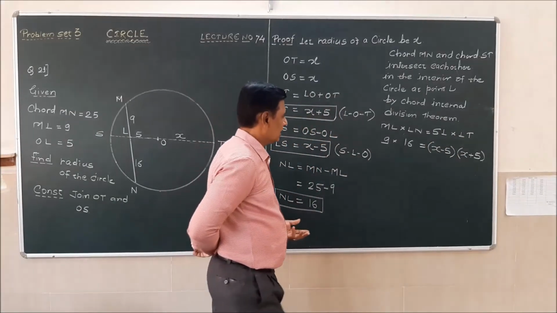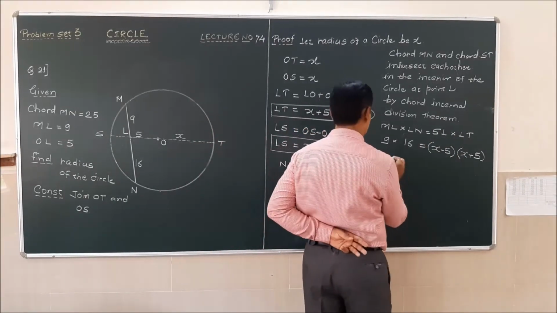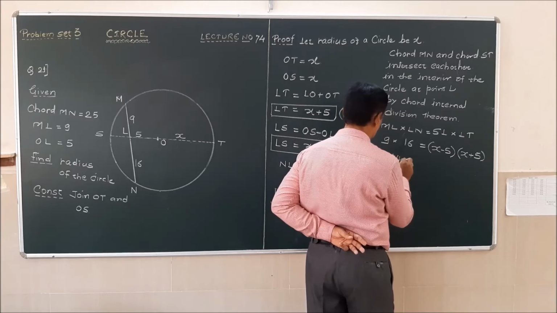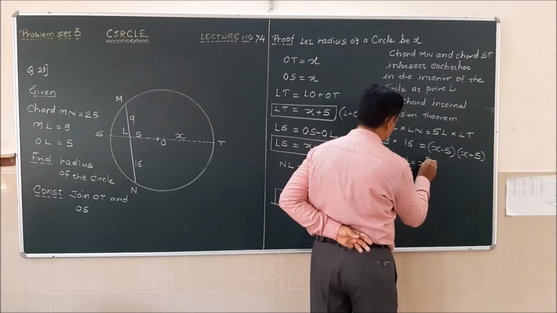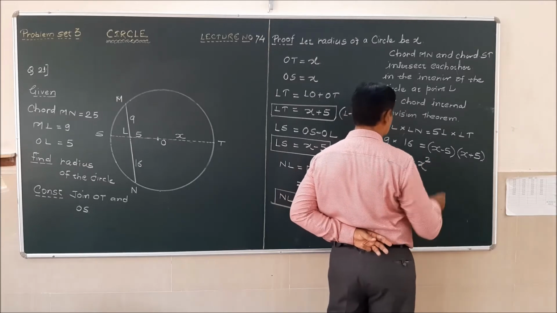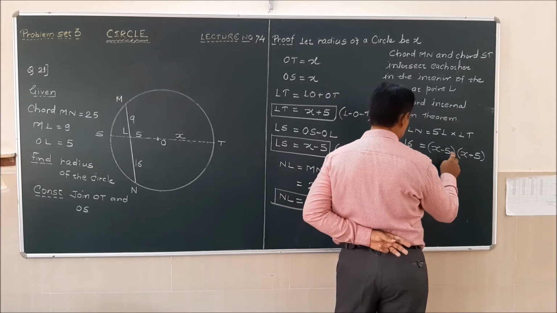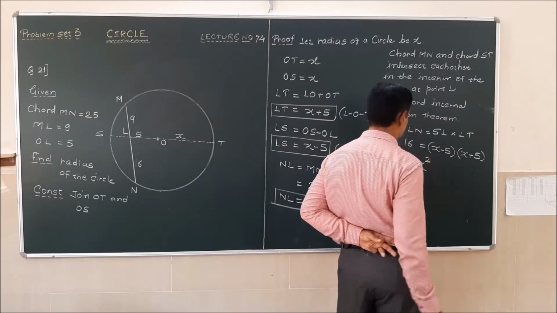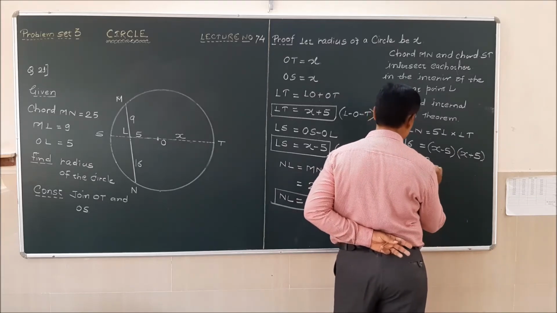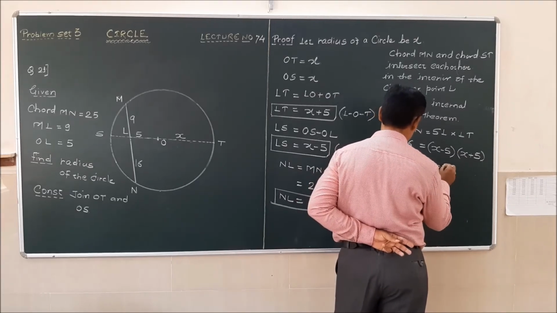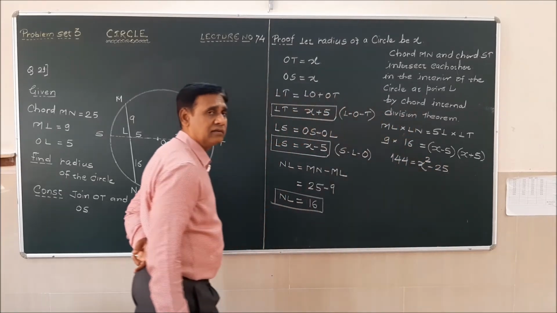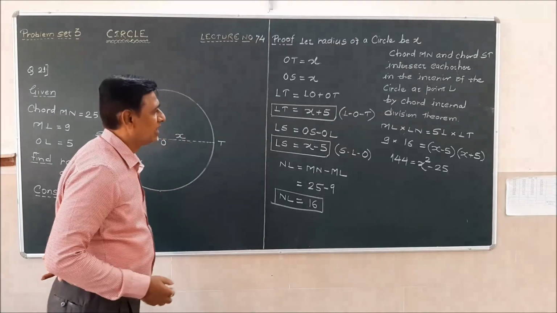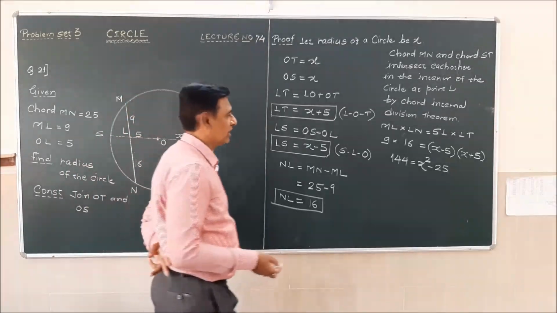Now you find 16 into 9 is 144. So 144 is equal to x minus 5 into x plus 5. That is x squared minus 25. a plus b into a minus b is a squared minus b squared.